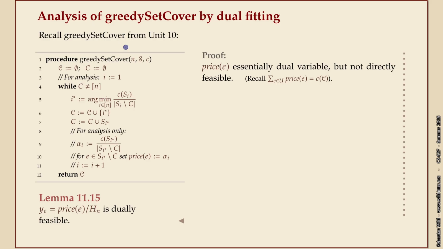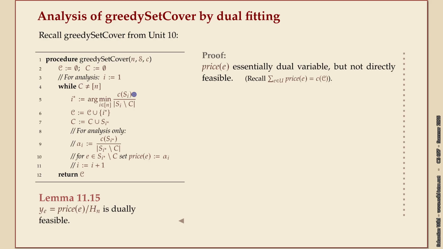The algorithm, just to remind you, always picks as the next set greedily the one that gives us, per element that we cover now with this set that we didn't cover before, the least cost. That's the most cost-effective set, and that's the one that we pick, and we do that greedily.